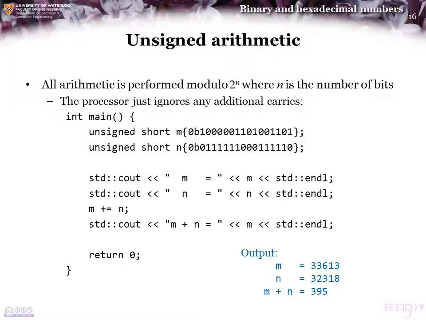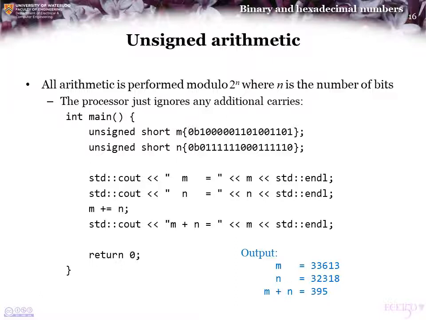Rather than writing them as numbers, I've written them in binary, and m and n are initialized as shown here. I then print out m and n, and then I add n onto m and print out that sum. As you can see, m is 33,000 and change, n is 32,000 and change, but m plus n is 395.